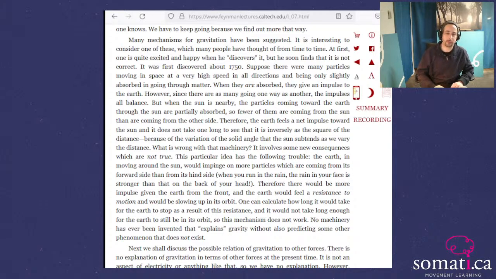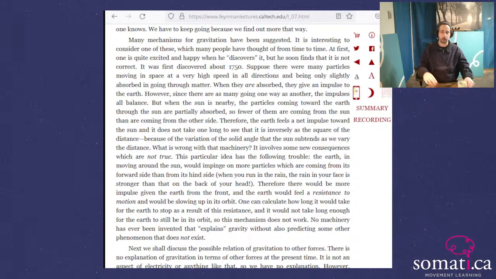So there was an idea that there's some kind of background source of particles streaming into the Earth that imparted the movement, and the sun screened the particles. So that makes a net push towards the sun. What is wrong with that machinery?